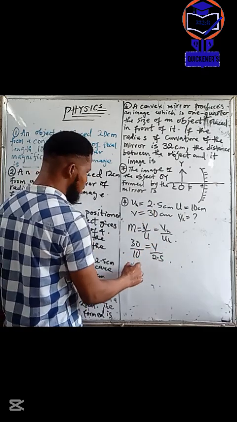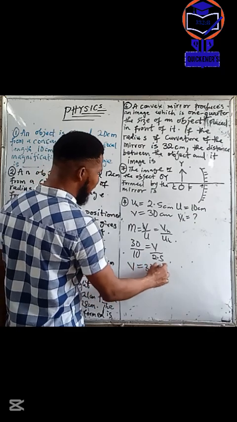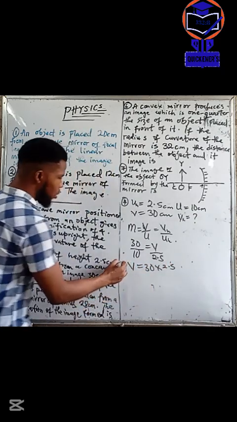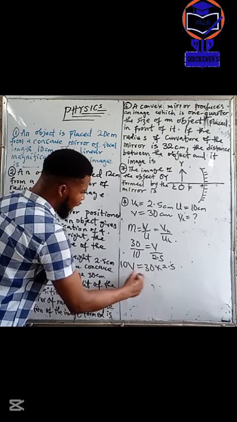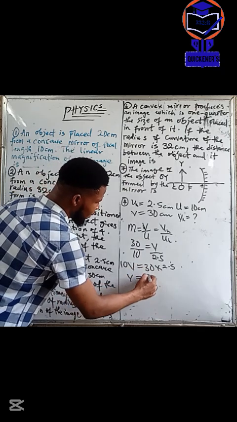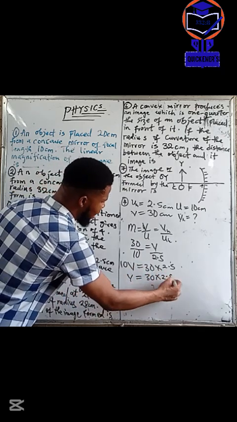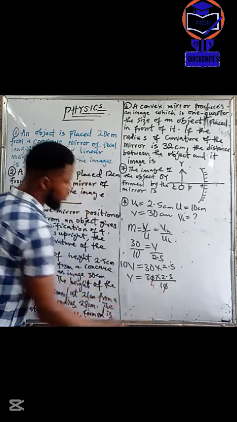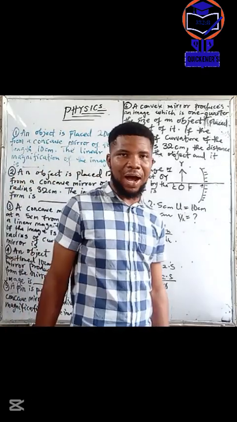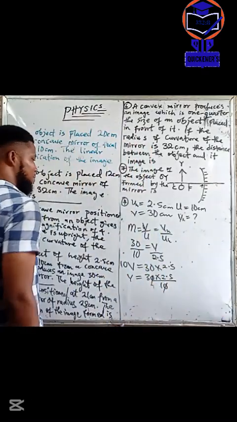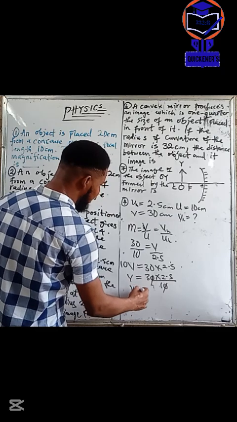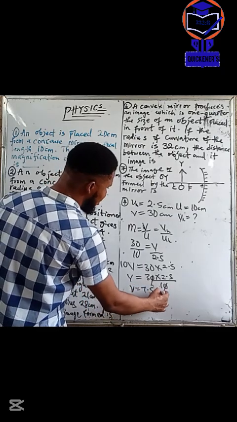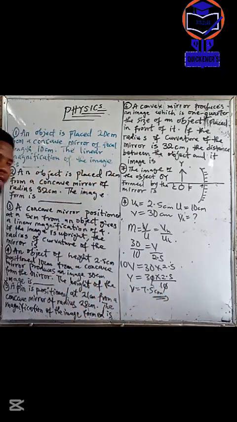Cross multiply: VH times 10 equals 30 times 2.5. Divide both sides by 10, so VH is 30 times 2.5 over 10, which is 3 times 2.5, that is 7.5. The height of the image is 7.5 centimeters.